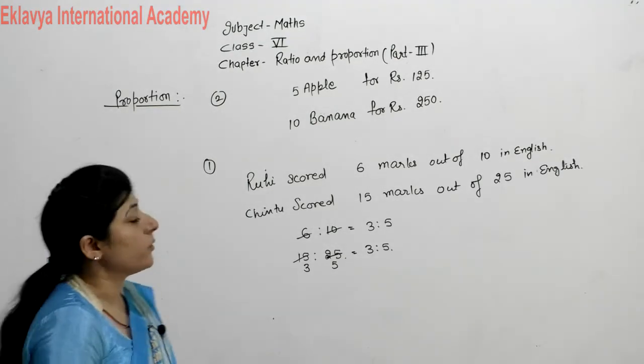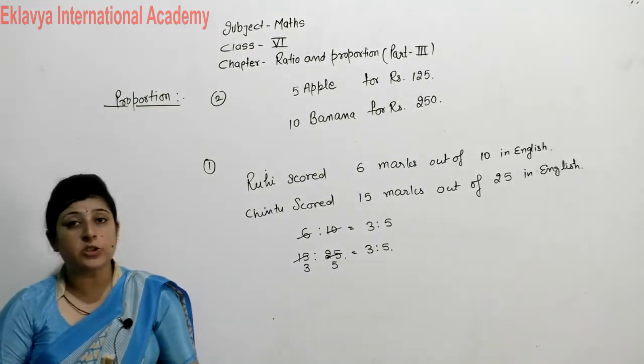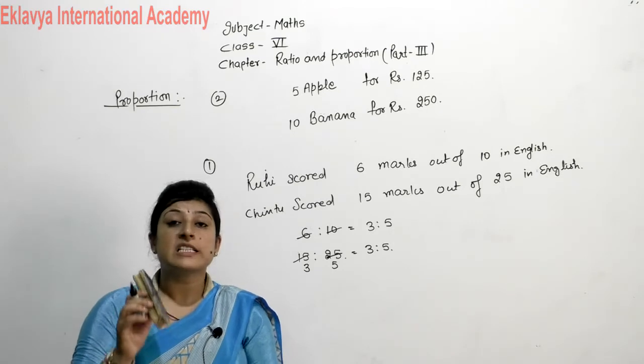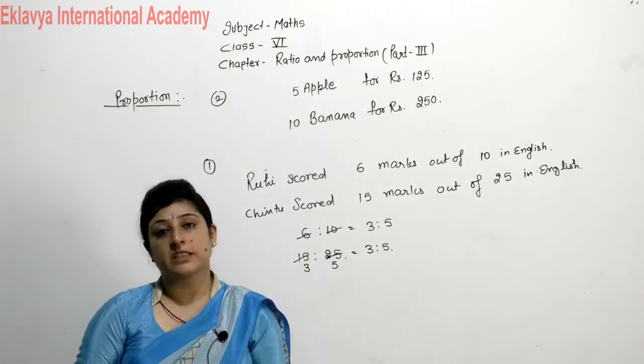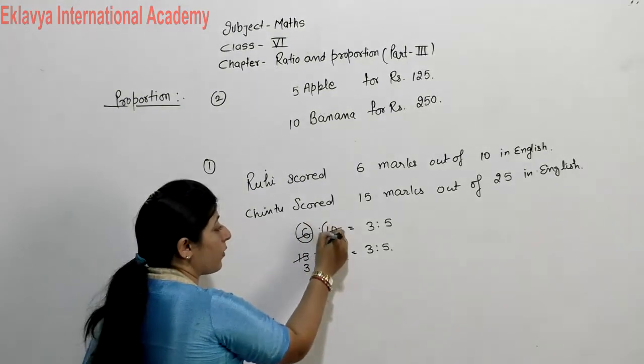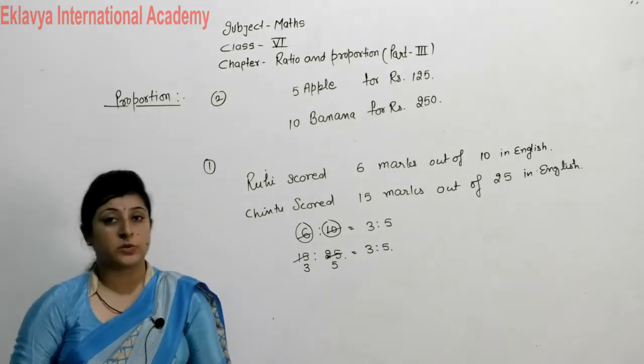How to find out? One thing always remember, in ratio we can compare the same kind of things. Here 6 marks and 10 marks are both marks, so we can write them easily as a ratio.